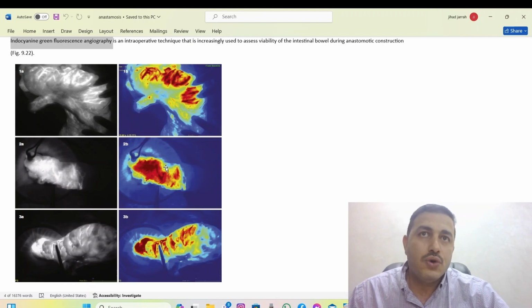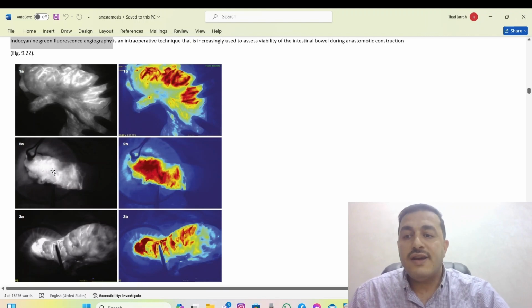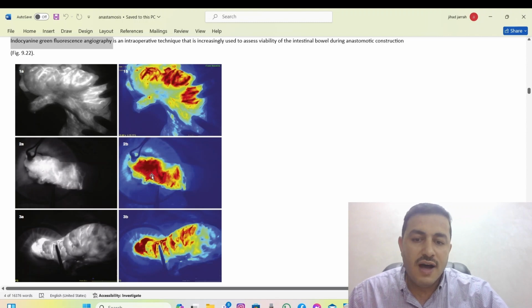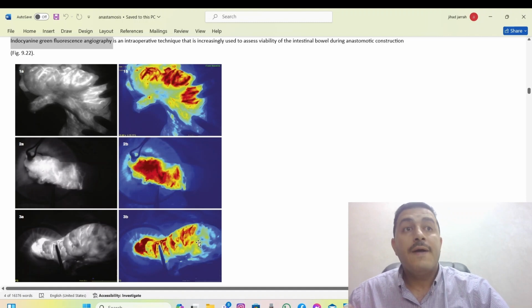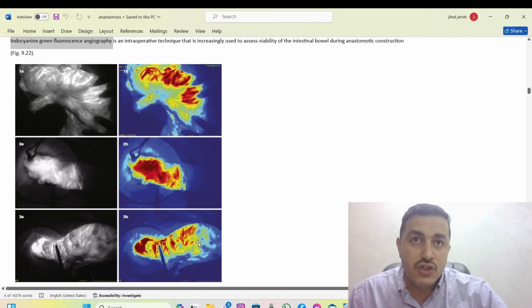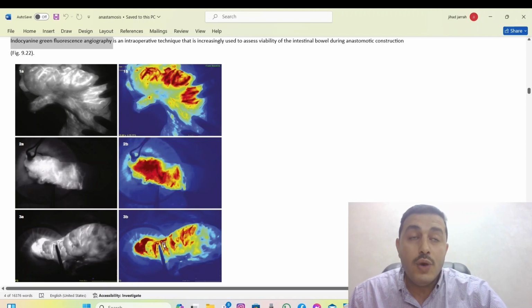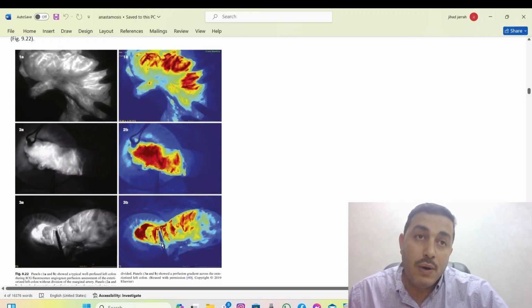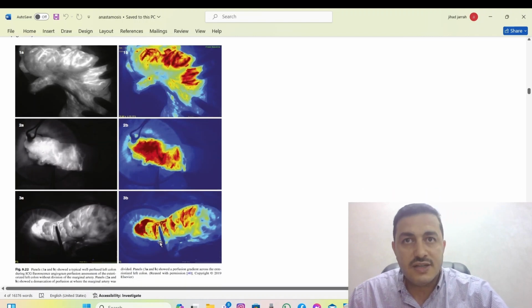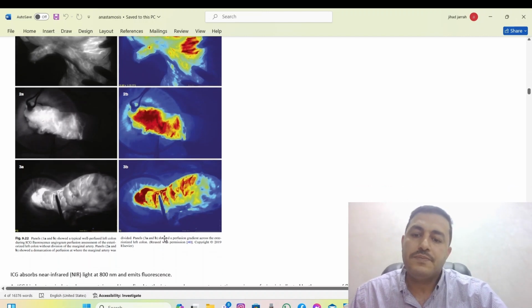These cameras absorb near-infrared light, and here after they clamp the marginal artery, and after a while you can see a well-perfused segment after cutting the marginal artery and before resection. So we have well-perfused bowel even after resection of the artery or clamping the arteries.